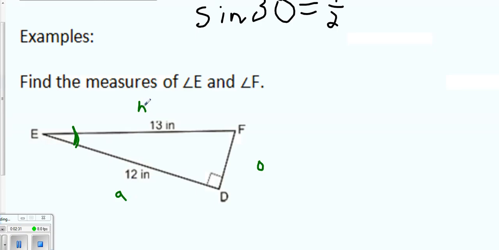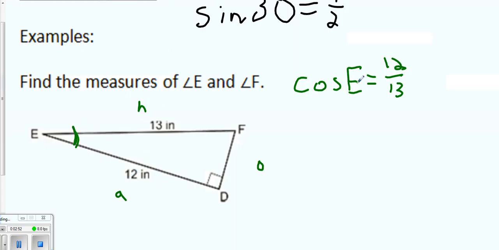So the A and the H, which means we can say cosine, because cosine goes with adjacent and hypotenuse, cosine of E equals 12 over 13. We know this for a fact because we know the adjacent and the hypotenuse.